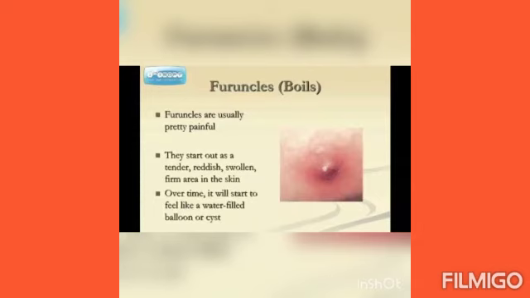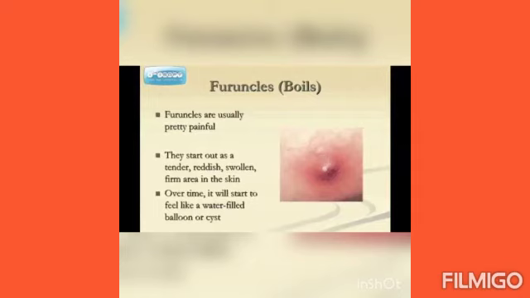Furuncles are usually painful, and they start as a tender reddish swollen firm area in the skin, and over time it will start to feel like a water filled balloon or cyst. So usually it starts as a tender reddish swelling, then after some days it becomes a water filled balloon or cyst formation will be there, and after that there may be pus collection.